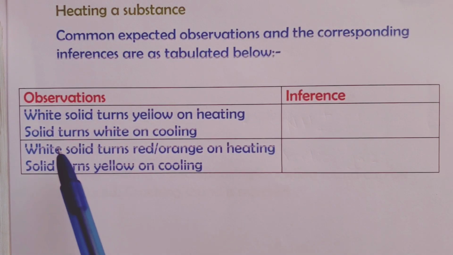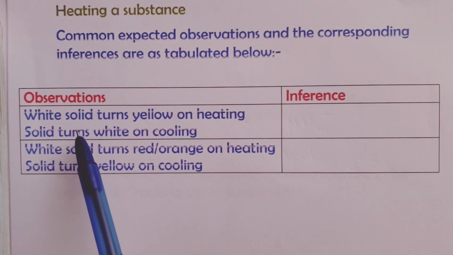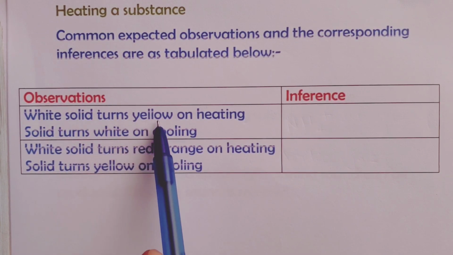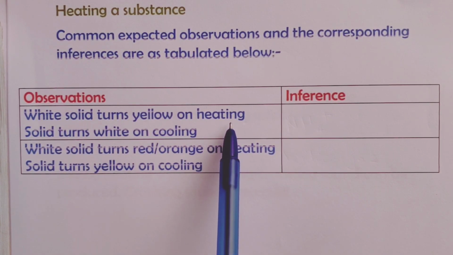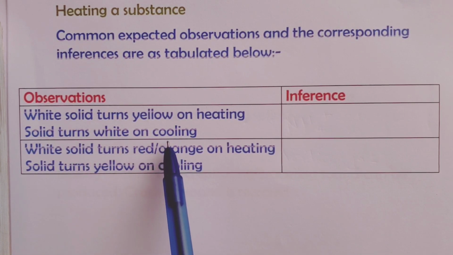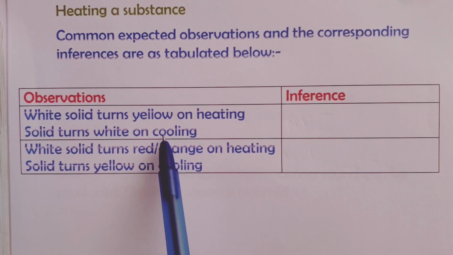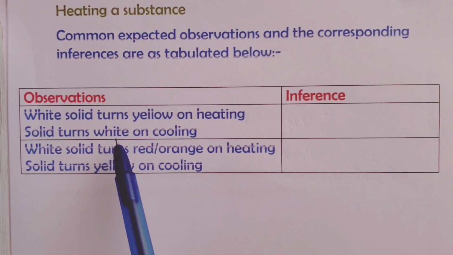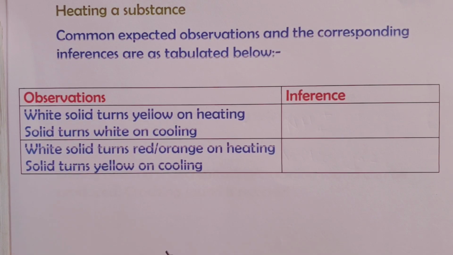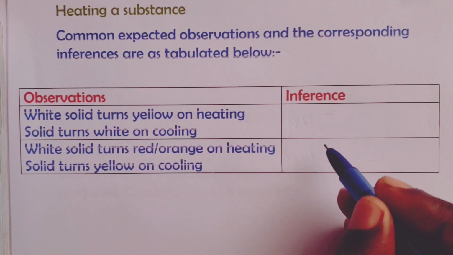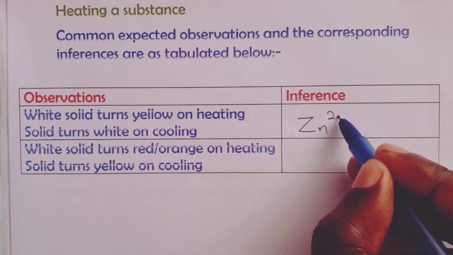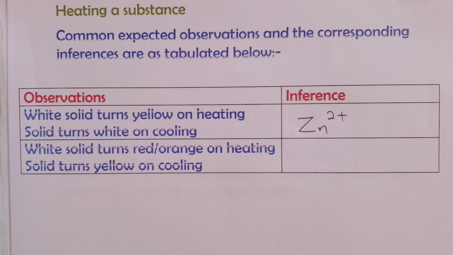Next, if a candidate observes a white solid turning yellow on heating and the same solid turning white on cooling, candidates, don't forget, this describes zinc oxide. So if you see this kind of observation when you are heating your solid, we can infer that the solid contains zinc ions.